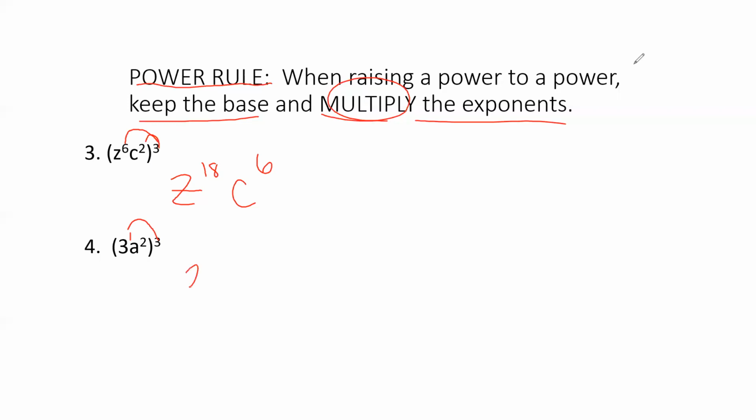So 3 times 1 is 3. 3 times 2 is 6. And then 3 cubed is 27, a to the sixth. So that is the power rule. Power to a power, we multiply and distribute that into every exponent inside the parentheses.